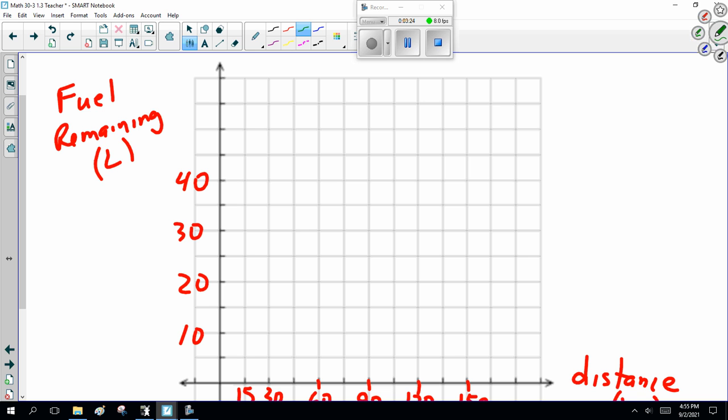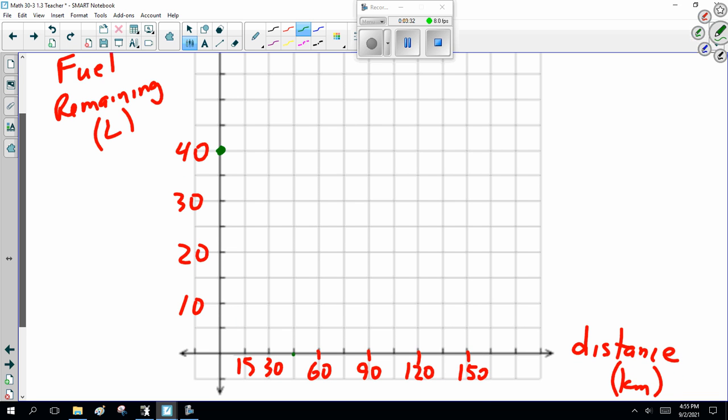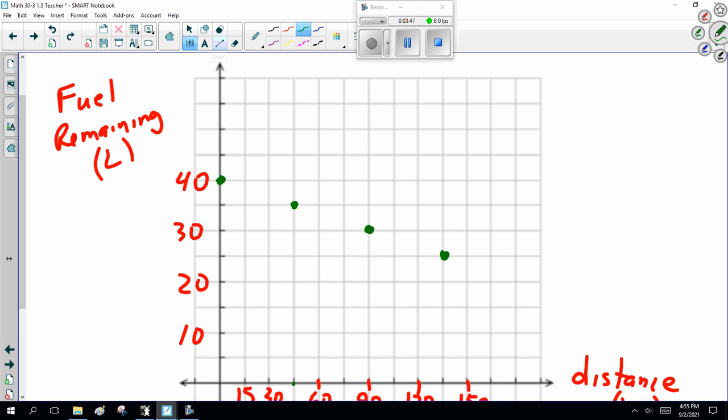So, 0 kilometers, 40 liters, drives 45 kilometers, which is here, 35, drove 90 kilometers, we're down to 30 liters, 135 is halfway between 120 and 150, we're down to 25 liters. Now, I admit I did that kind of quickly, because I already did this and forgot to turn on the recorder, so I actually know the numbers. Anyway, try that again. So there we go. And that's roughly what I got.